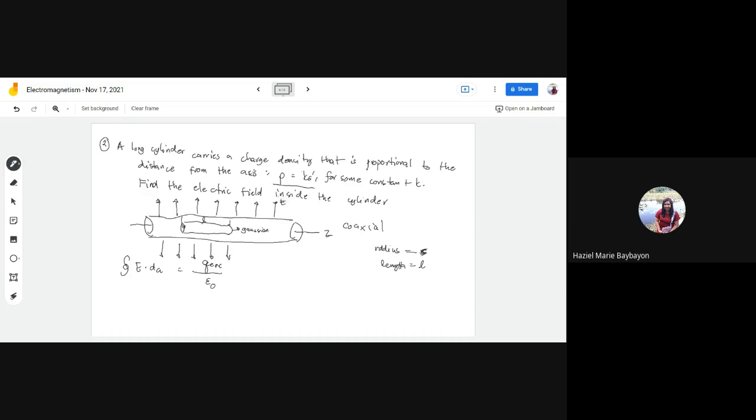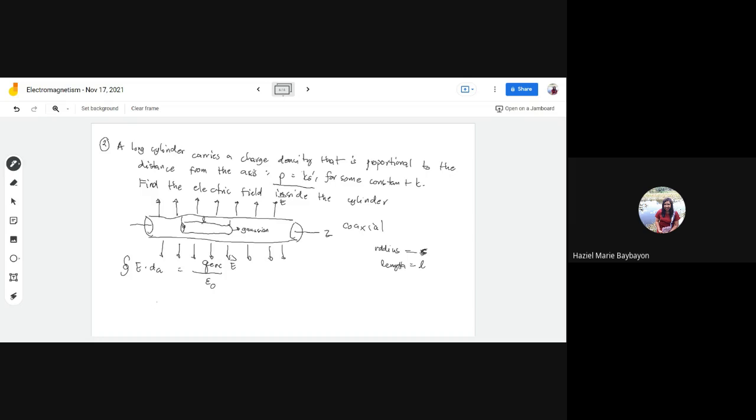So the electric field vector is away from the cylinder. Now, we can get Q enclosed.